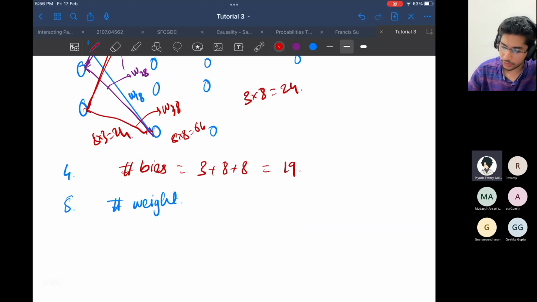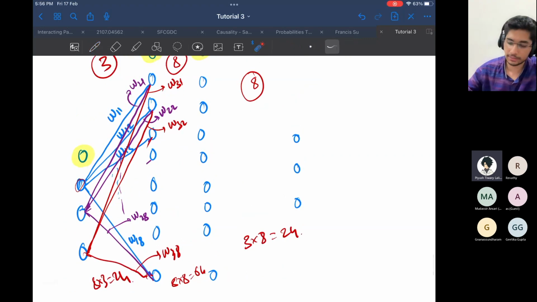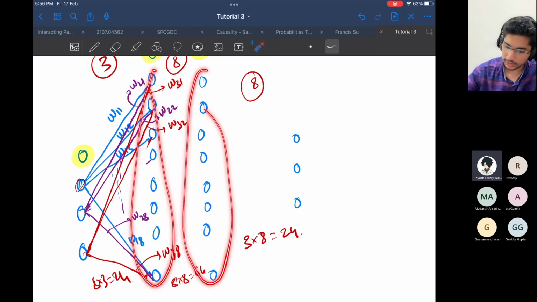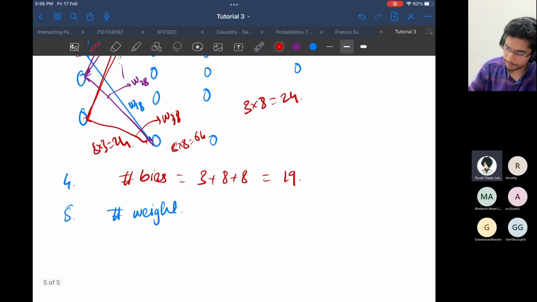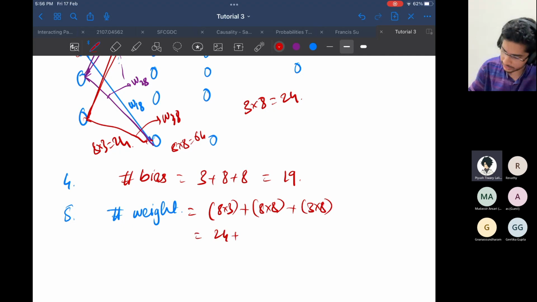Whenever you are asked to calculate the number of weight parameters at, let's say, this level, just see how many neurons are here, how many neurons are here, and just multiply them. That is the shortcut. So let me write this down. This was 8 into 3 plus 8 into 8 plus 3 into 8, which is 24 plus 64 plus 24.